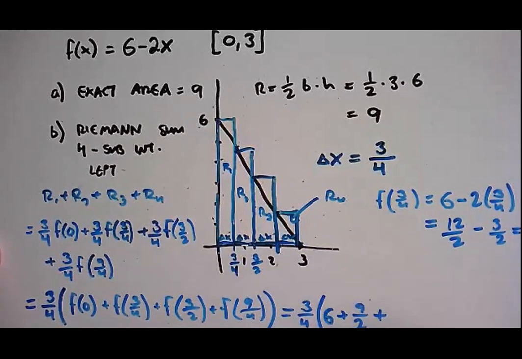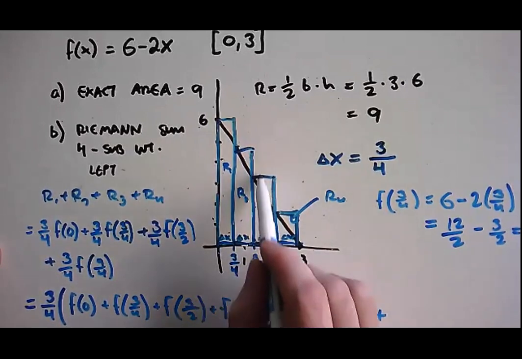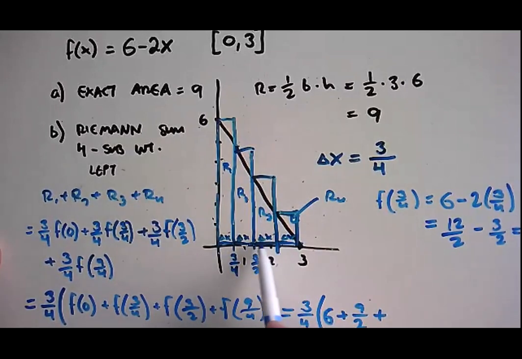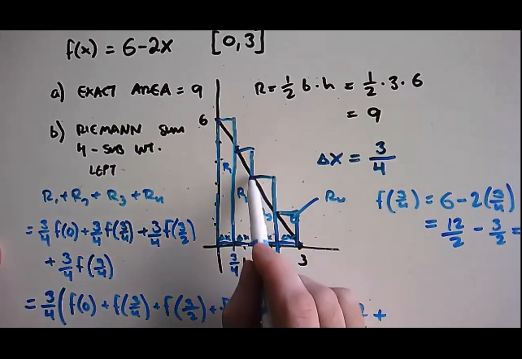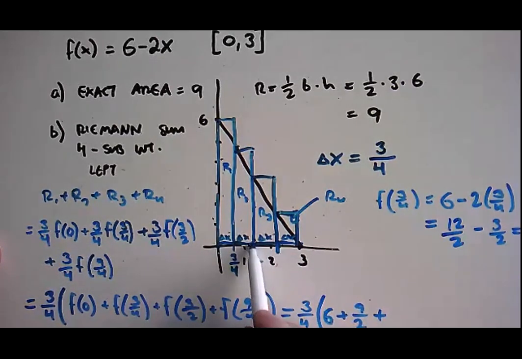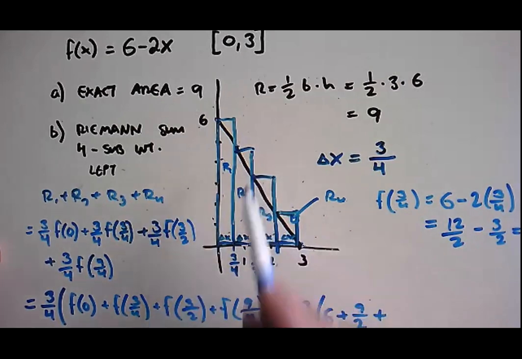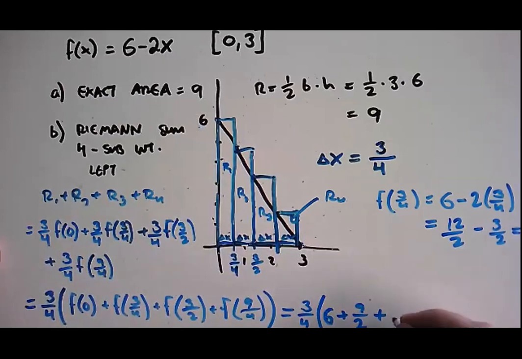Okay, so on to the height of my third rectangle. So my third rectangle, if we use that left-hand endpoint, here's the height of the function. Well, also notice that this is the exact midpoint of the line, right? And the y values started at 6 and went down to 0. So at the midpoint, the y value will be exactly half of that change. So the y value is going to be exactly 3 here.